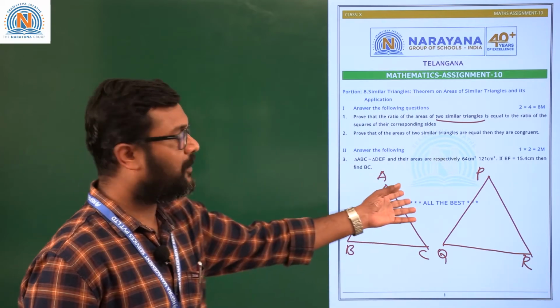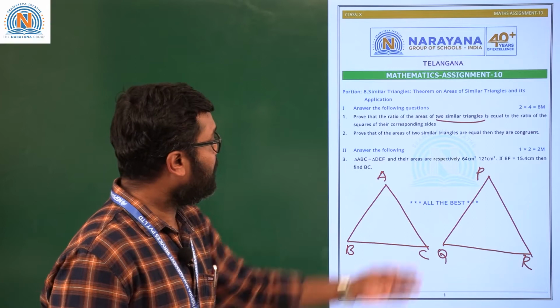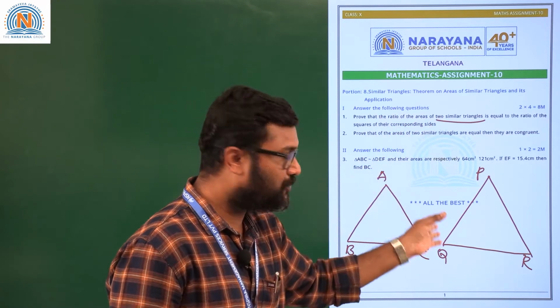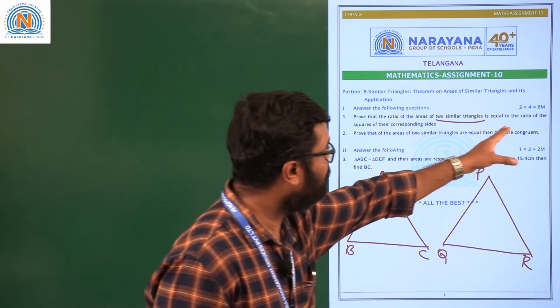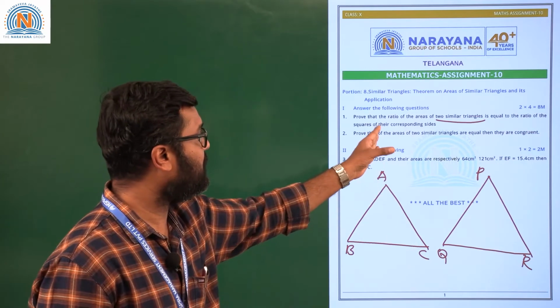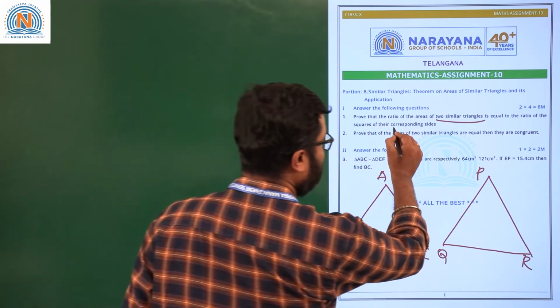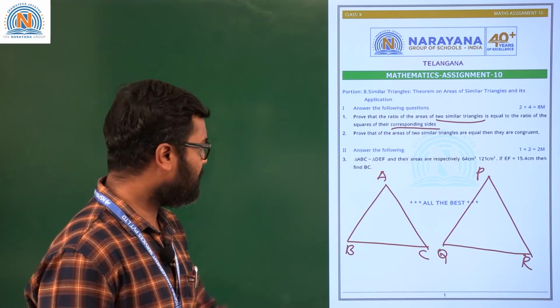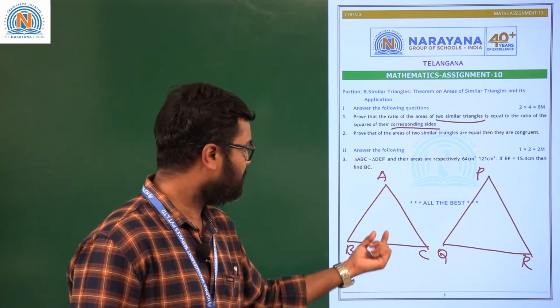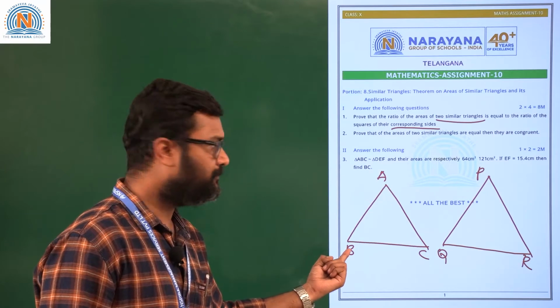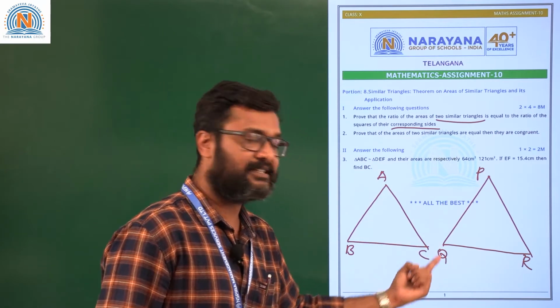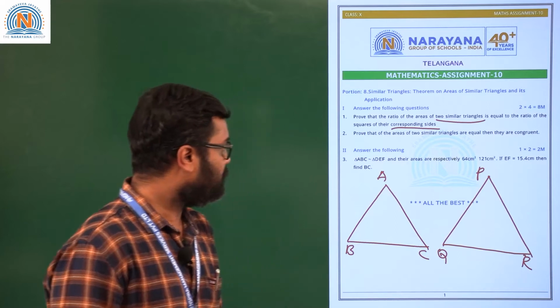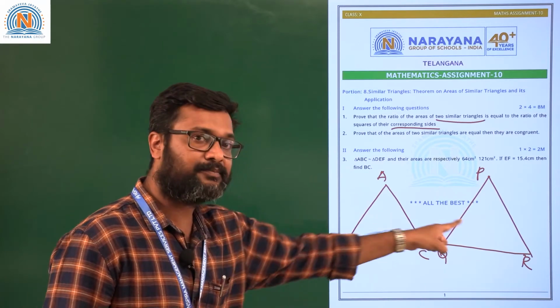So here we have two similar triangles, and the ratio of the areas of these two similar triangles is equal to the ratio of the squares of their corresponding sides. What do corresponding sides mean, children? If you observe these two triangles, AB is one side and PQ is another side, so these two sides are corresponding sides.